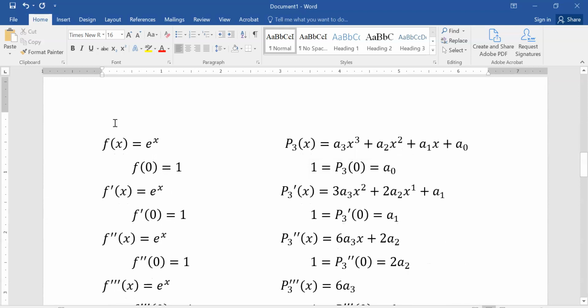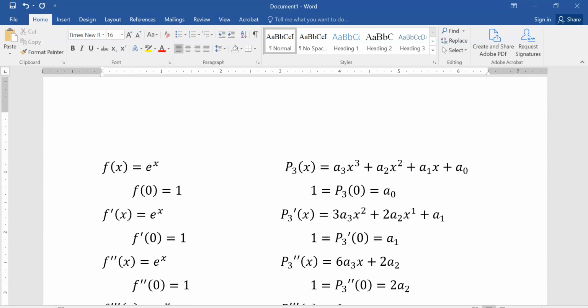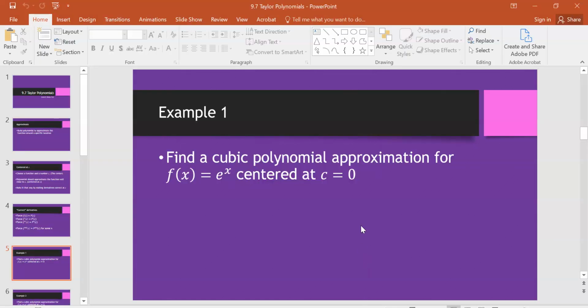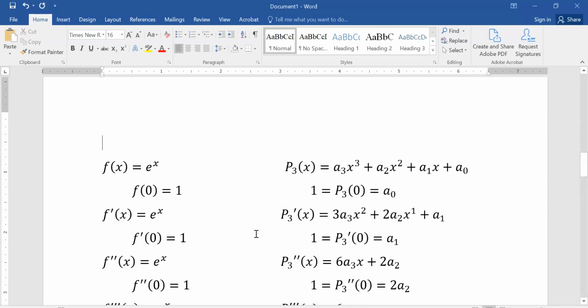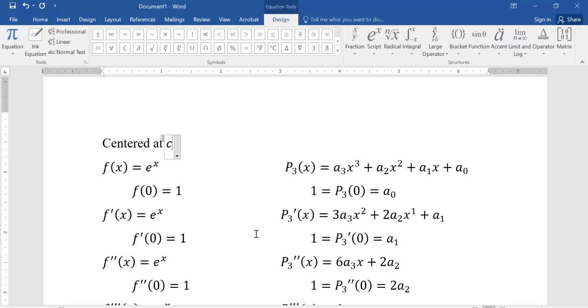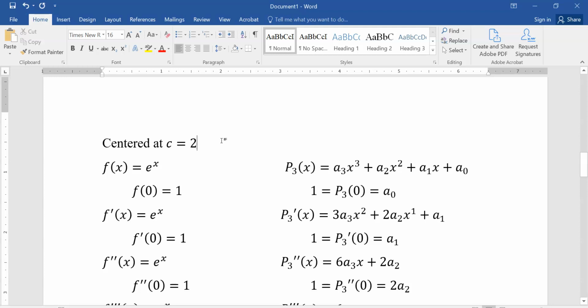Let's say instead of centering e to the x at 0, what if we wanted to find a cubic polynomial approximation for this function centered at c equals 2? So we'd go through the same process.